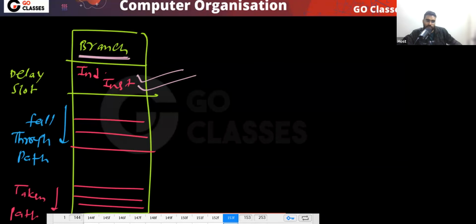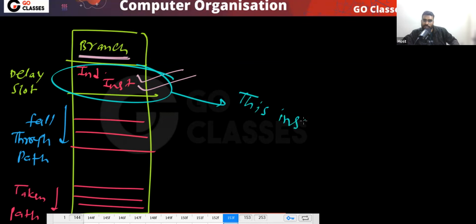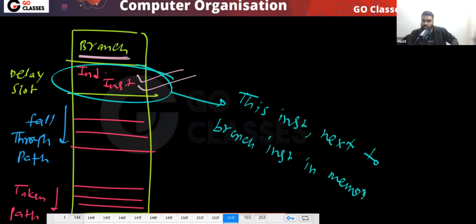Whatever happens, whether the branch is taken or not, this instruction, which is next to the branch instruction in main memory, is executed.